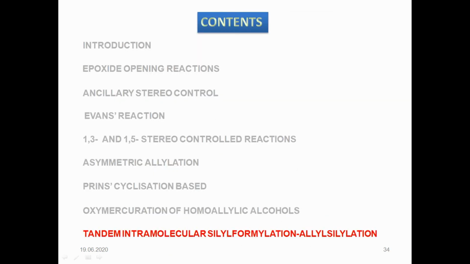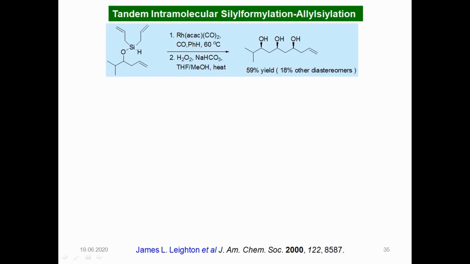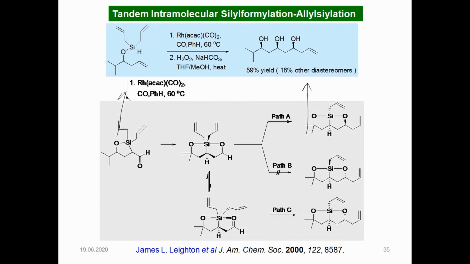Finally, I am going to discuss a tandem intramolecular silylformylation and allylsilylation. You have to prepare this compound, where you see the silyl has 2 allyl groups. In the presence of rhodium, Rh(acac)(CO)2, carbon monoxide, then benzene, hydrogen peroxide, sodium bicarbonate, you are getting 1,3 polyols. Here the mechanism is very complex. You see this allyl group is transferred to here.